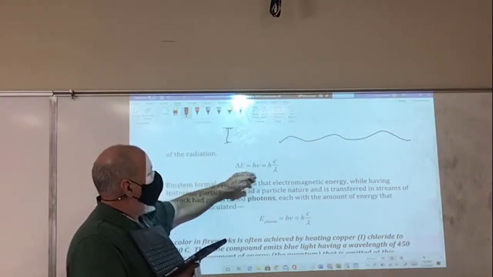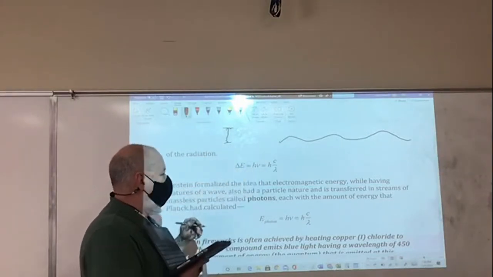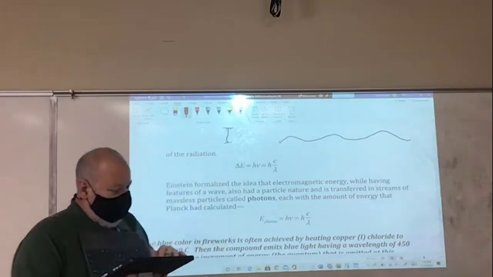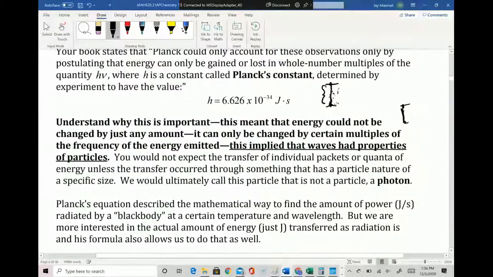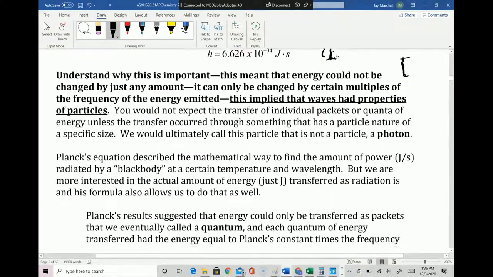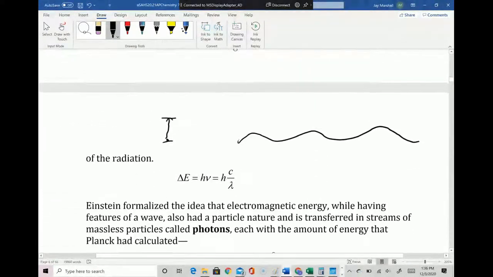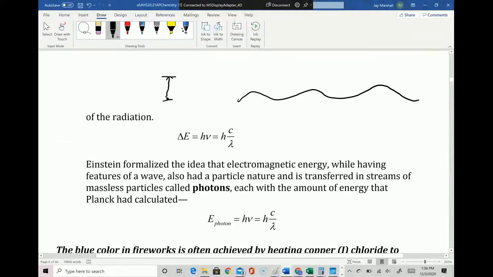Anyway, the amount of energy is going to be Planck's constant, okay, that large negative number, 6.626 times 10 to the negative 34th, times whatever the frequency is.